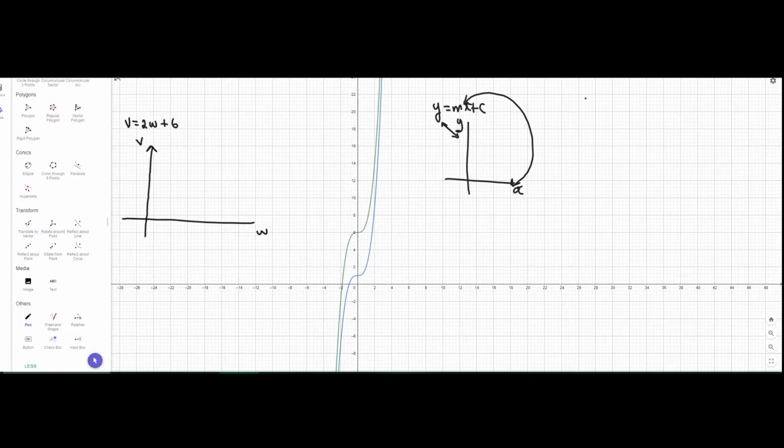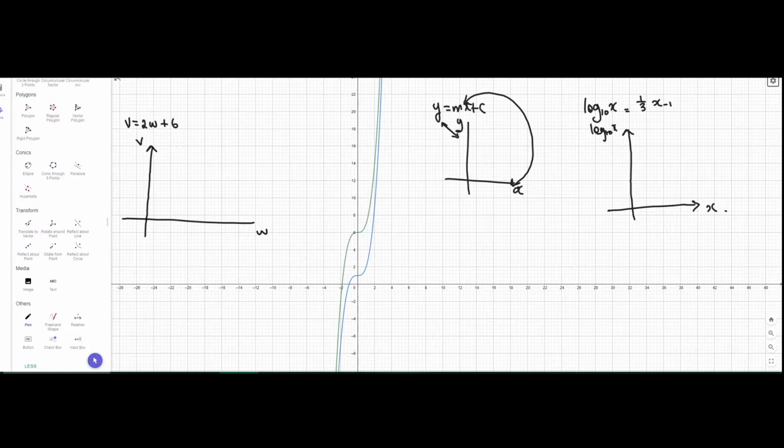So if I have log of x to base 10 is equal to 1/3 x minus 1, when I draw my graph, this axis here will be log of x to base 10, and this axis here will be x.